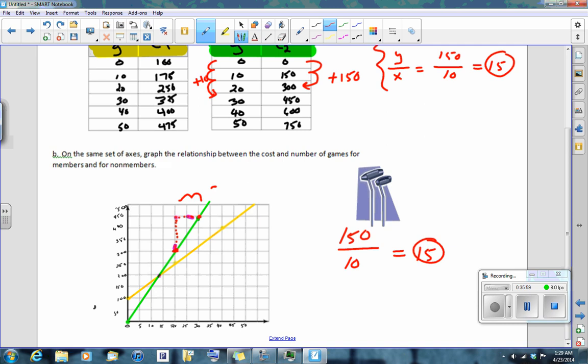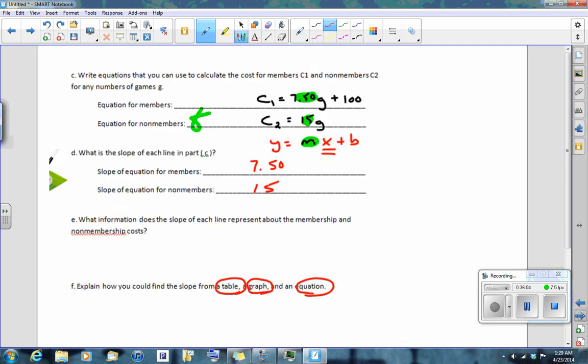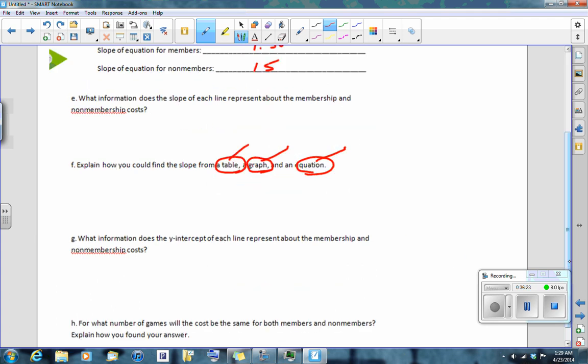So it appears in the table that way, rise over run. So any way you slice it here, the table is change in y over change in x, the graph is rise over run, and for the equation you just look at the y equals mx plus b, and look for the m, look for the coefficient of x. Oh, there's more questions.